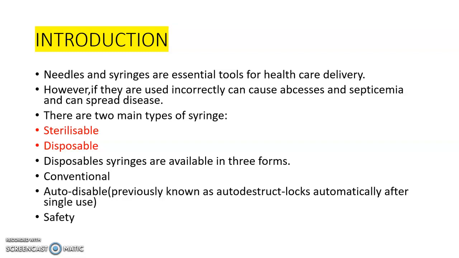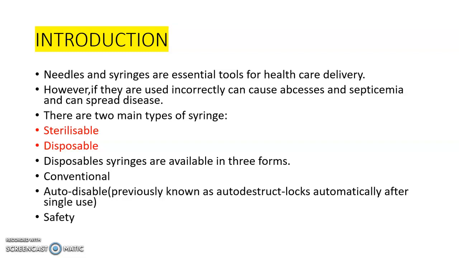Mainly the syringes are of two types, sterilizable and disposable. Sterilizable syringes are those which we can reuse after cleaning, but disposable ones we can use only one time. They are available mainly in three forms: conventional, auto-disable, and safety syringes.